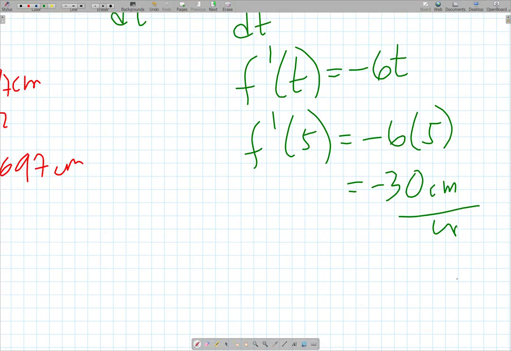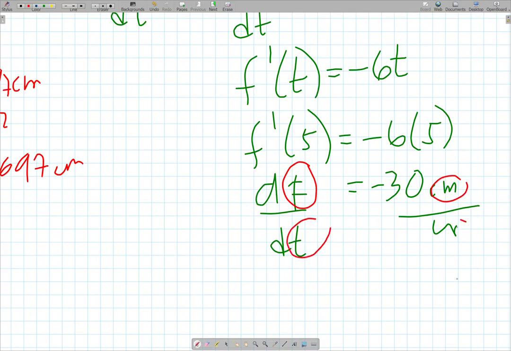Why per year? That is actually df over dt, so your f is in centimeters and your t is in years. So your final answer is negative 30 centimeters per year. That is f prime of 5.